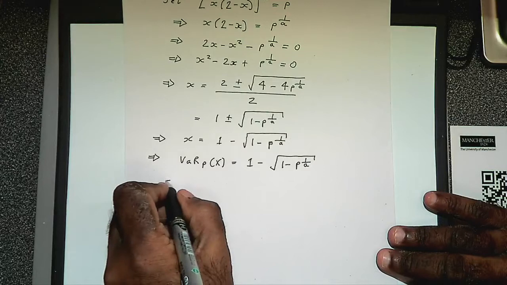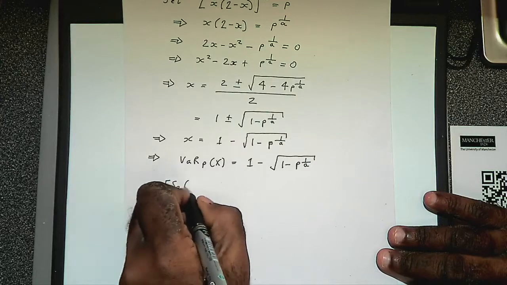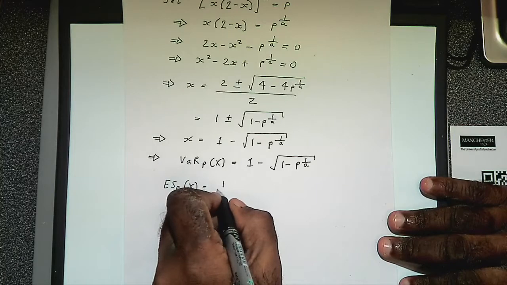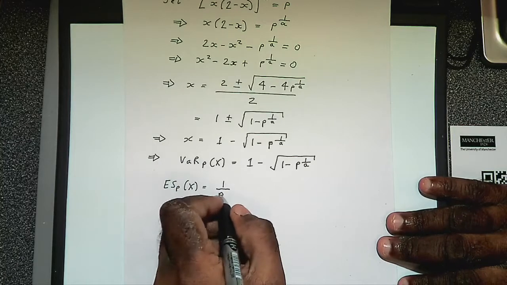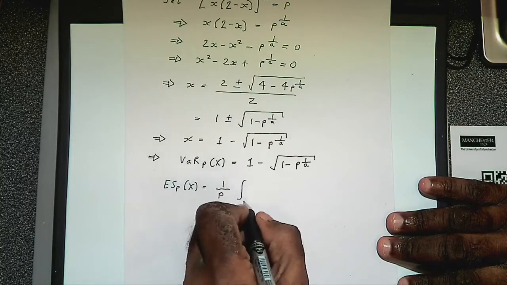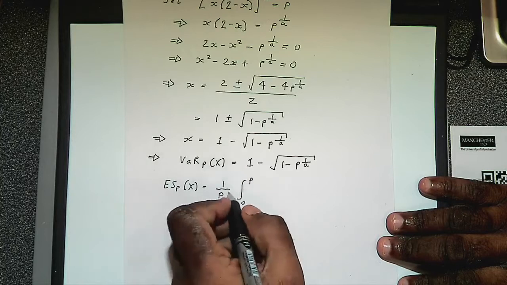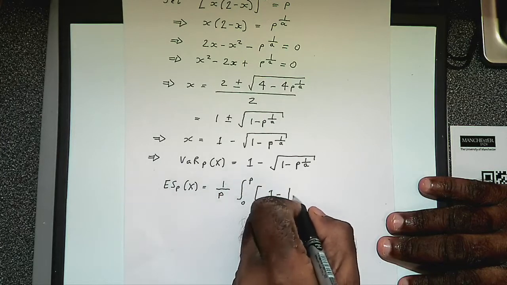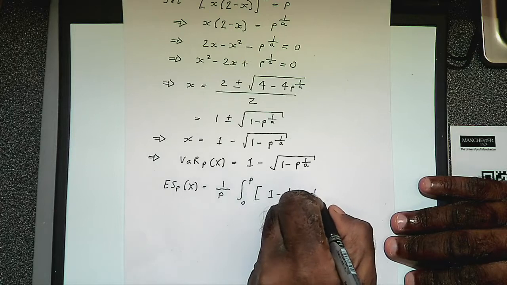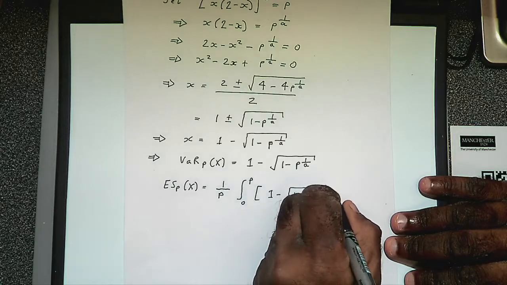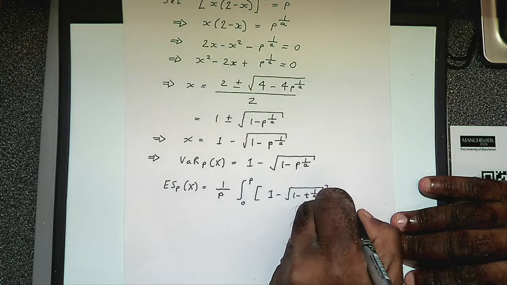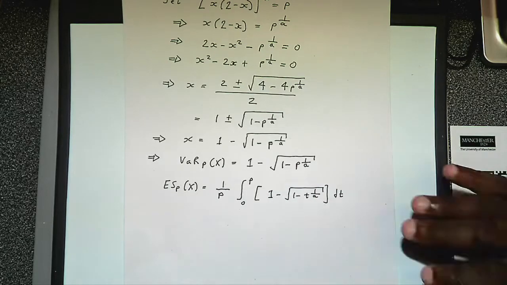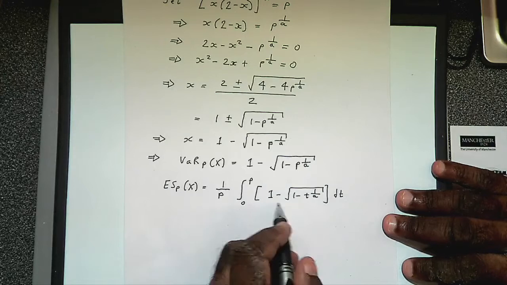Now to find the formula for the expected shortfall, right, this is what you have, and there are two terms here.